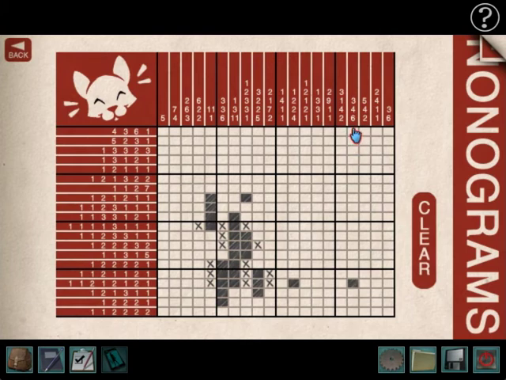Okay, so 3, 4, 6. Yeah, we don't really know anything about that. And the thing is, since these are just single ones, we don't know if they're odd or even. I mean, you really just can't tell.